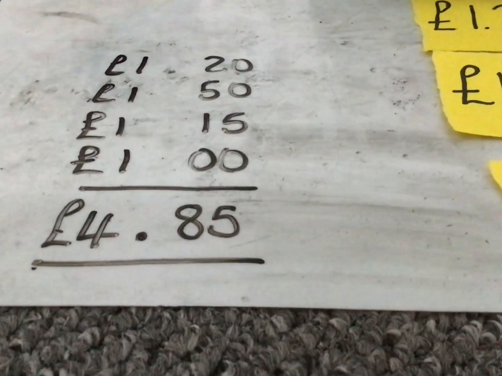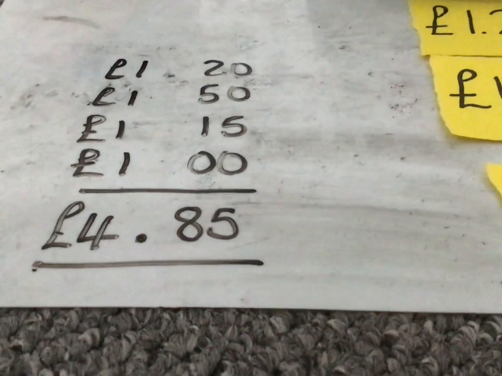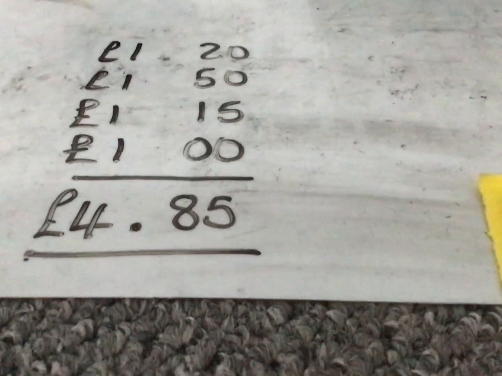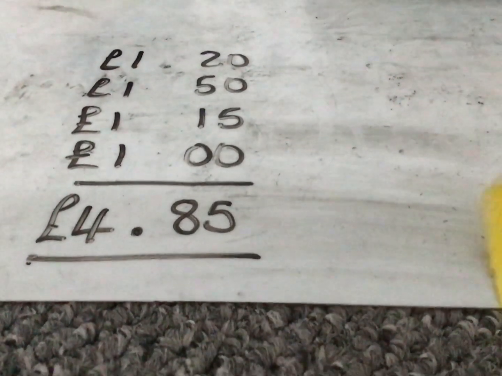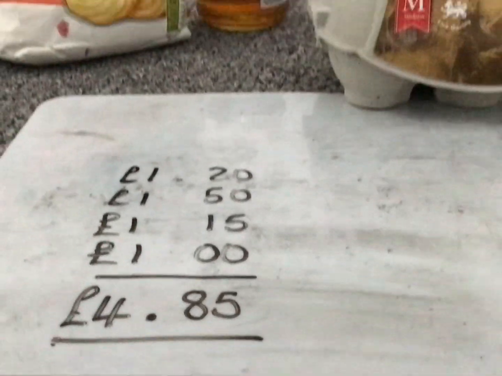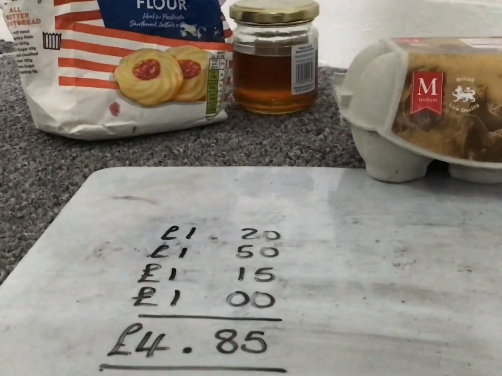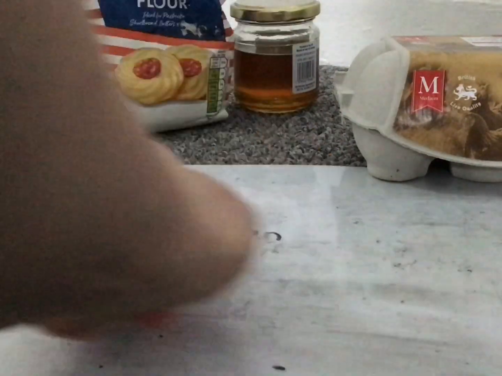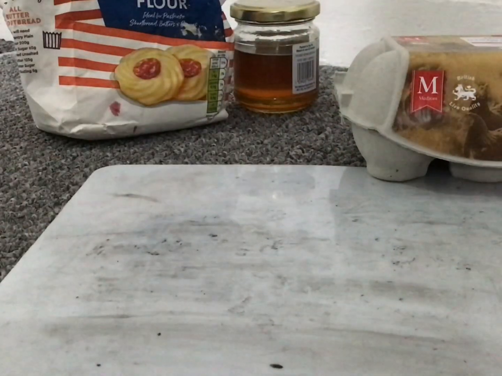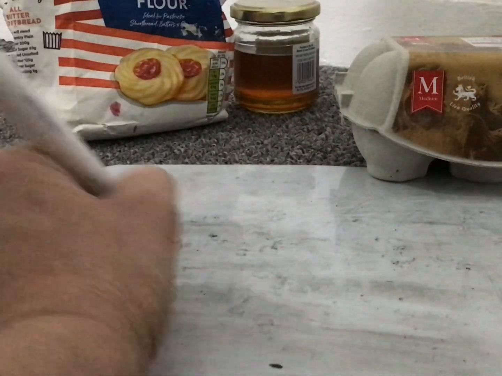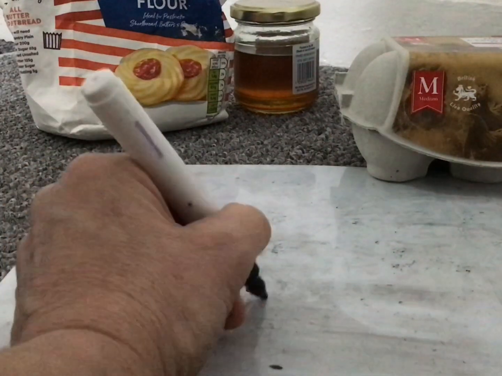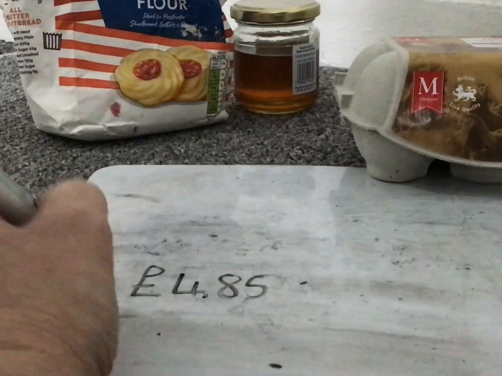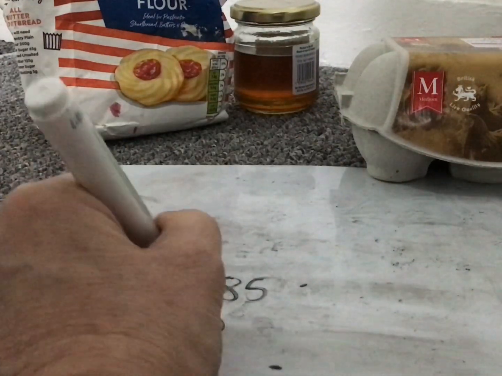Now the last task I'm going to look at is to work out my change. Not all of you have to calculate this, but if this is something you would like to have a go at, I find it quite easy to use a number line to help me. I think that is a good tool to use. So my goods cost me £4.85 and I have paid £5 and I want to know how much change I'm going to get.